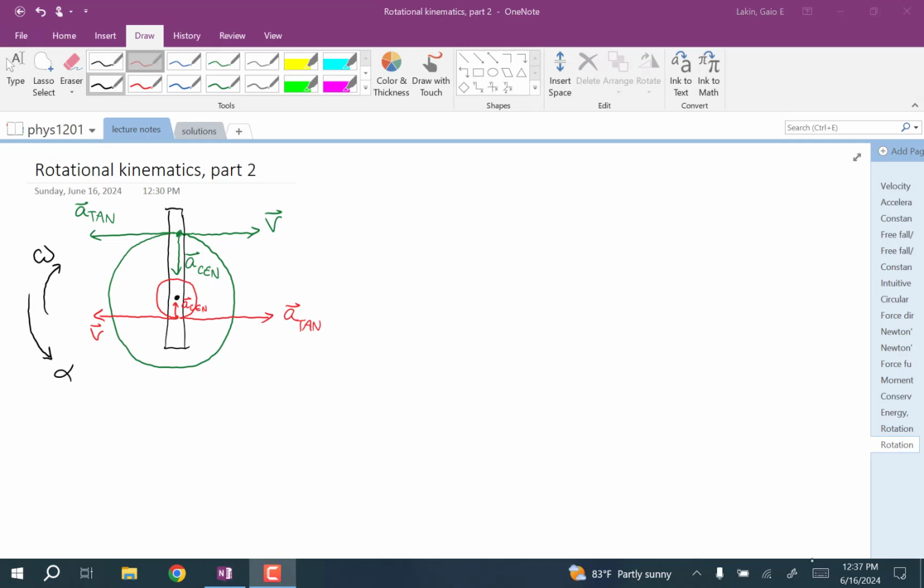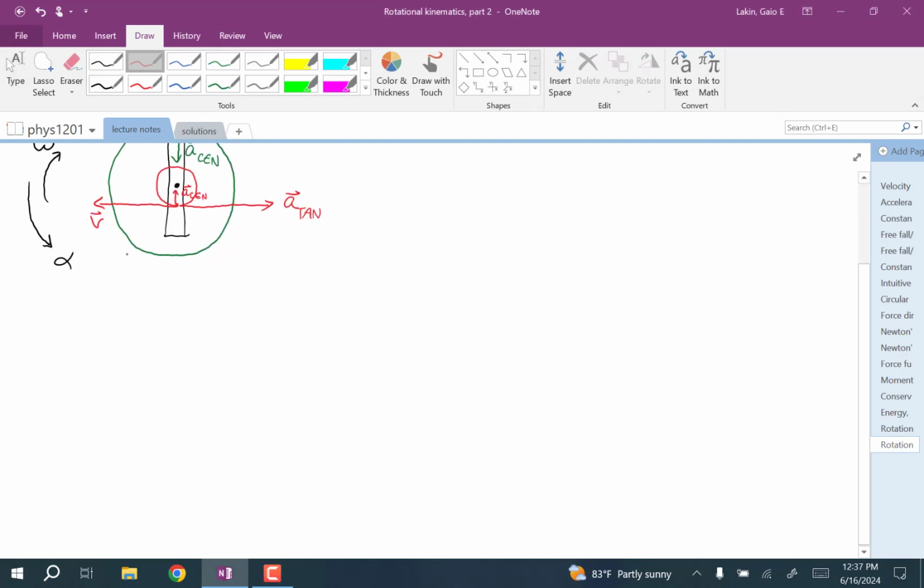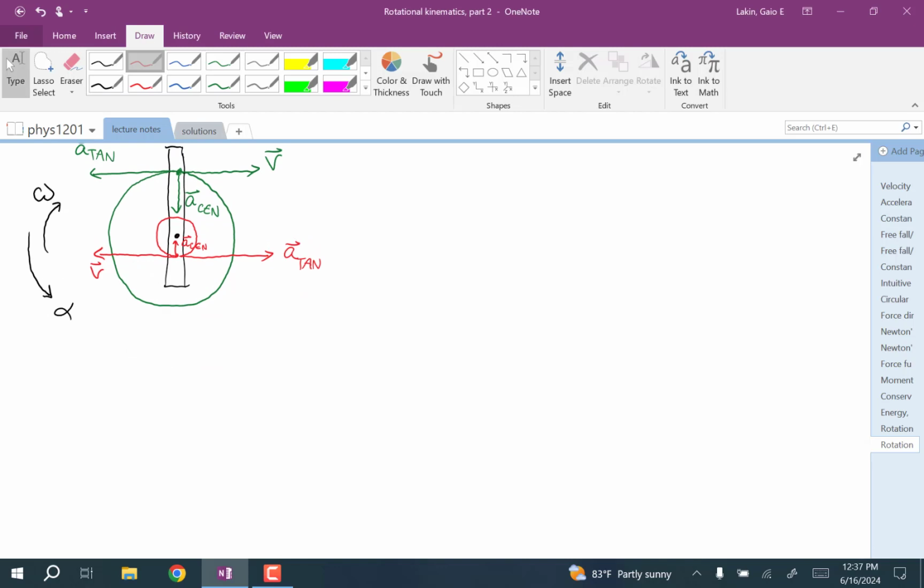I'm going to express these mathematical relationships between the angular and translational quantities largely in terms of absolute values. I am going to use capital V to indicate the speed, so you could think of that as the absolute value of the velocity.